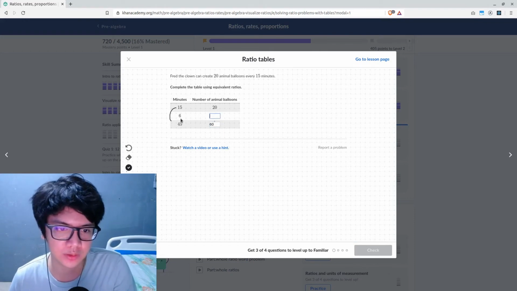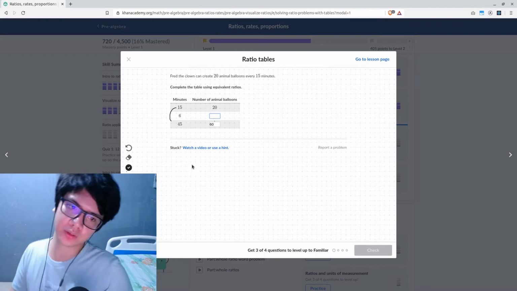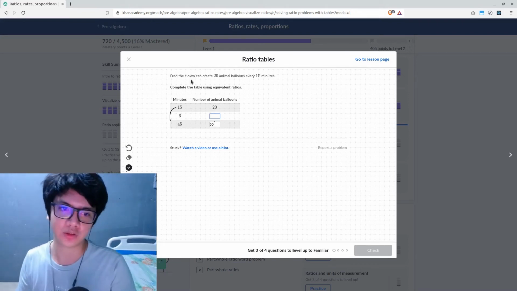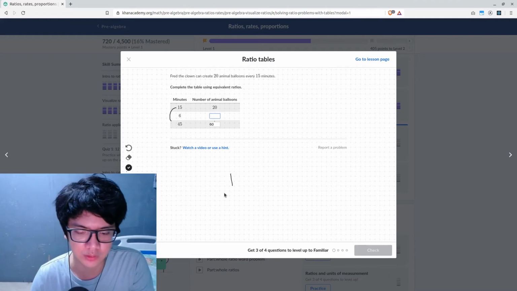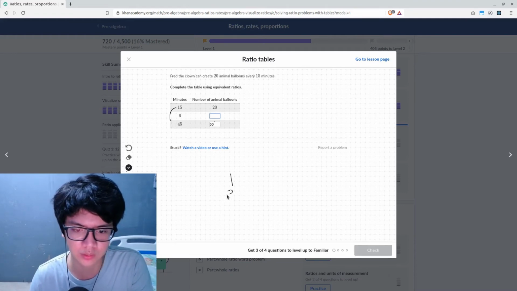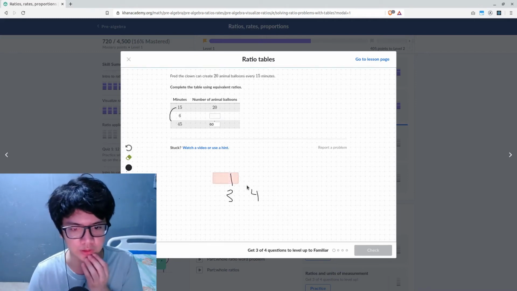And then this one's from 15 to 6. How much is that? Let's just go like divide this. The ratio is 3 to 4. Oh my god, how do I solve this shit?